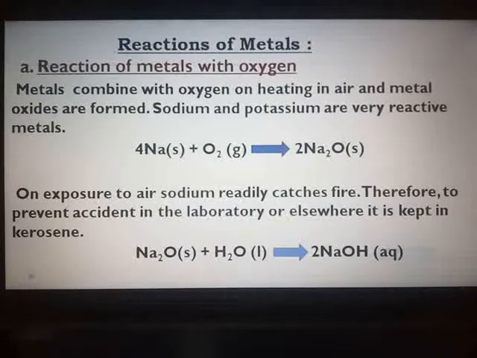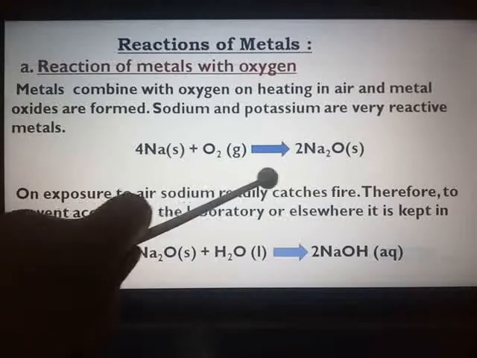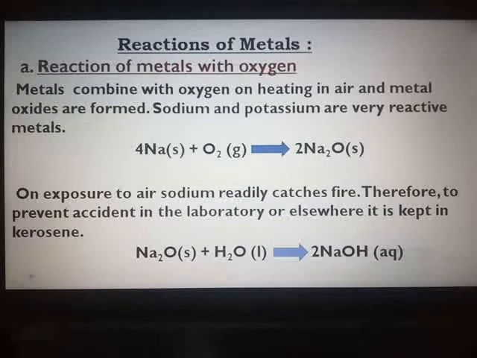On exposure to air, sodium readily catches fire. So you can see it reacts even at room temperature, and when exposed to air it readily catches fire, and hence to prevent such types of accidents in the laboratory, you will always find sodium is kept immersed in kerosene because it does not react with kerosene.